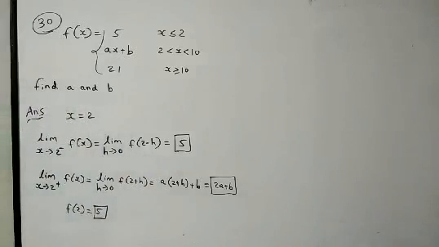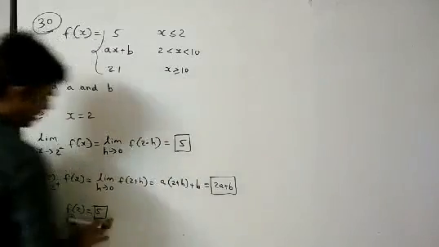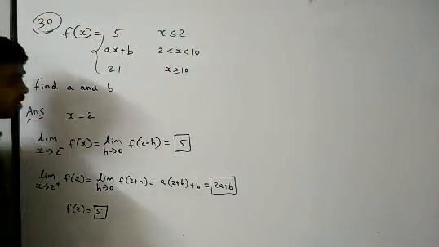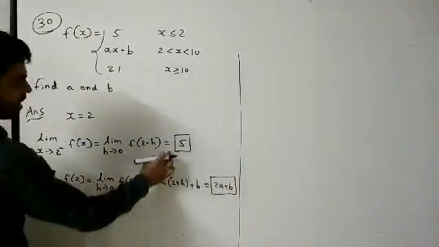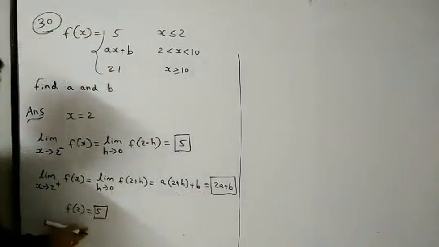So you know that when a function is continuous, then the left hand limit, the right hand limit, and the function's value at that point are equal. So here we get the left hand limit is 5, the right hand limit is 2a + b, and the value at that point is 5.